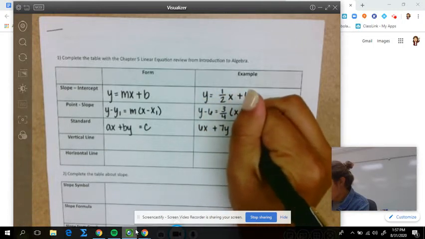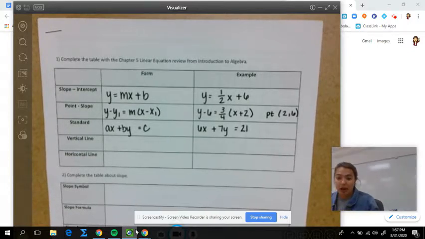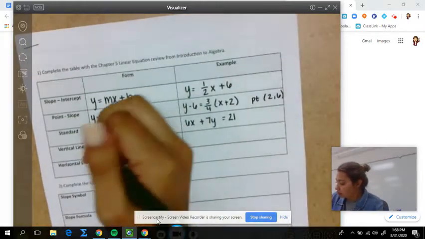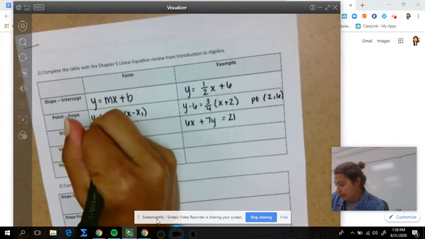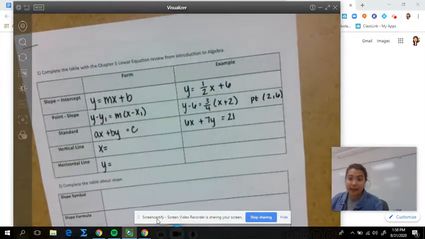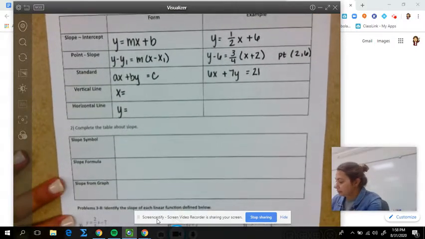When you're given a graph in standard form, it gives you an x-intercept and a y-intercept, and then you just connect those 2 points. A vertical line is always going to be x is equal, and a horizontal line is always going to be where y is equal. A few things to remember.